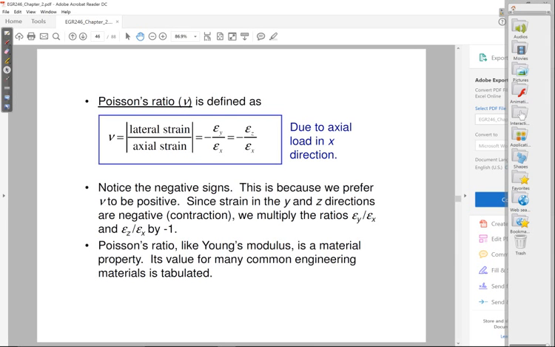Right? A material property is something that you want to be easy to tabulate, you want to be able to work with very easily, and usually that means keeping it positive. So therefore, we convert it into a positive value by either taking the absolute value, or then we take the negative of that ratio. So Poisson's ratio means basically the ratio in the deformations.